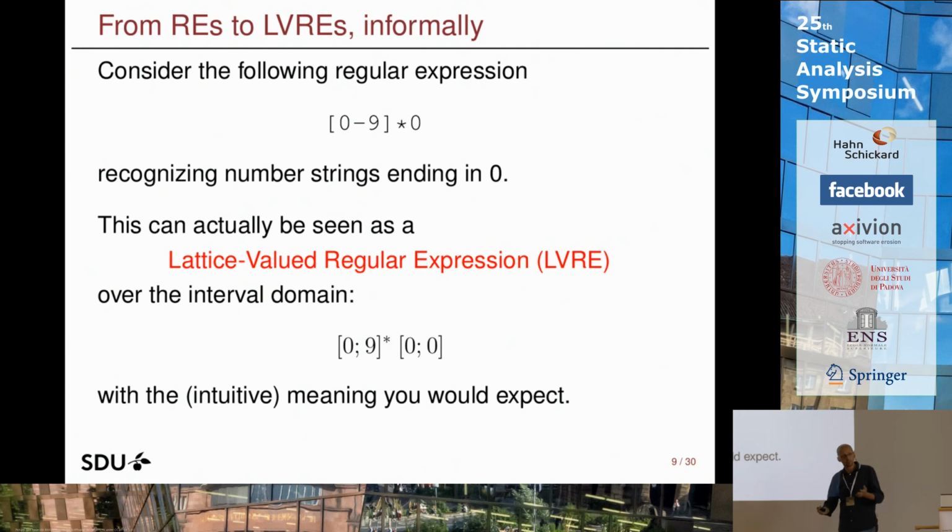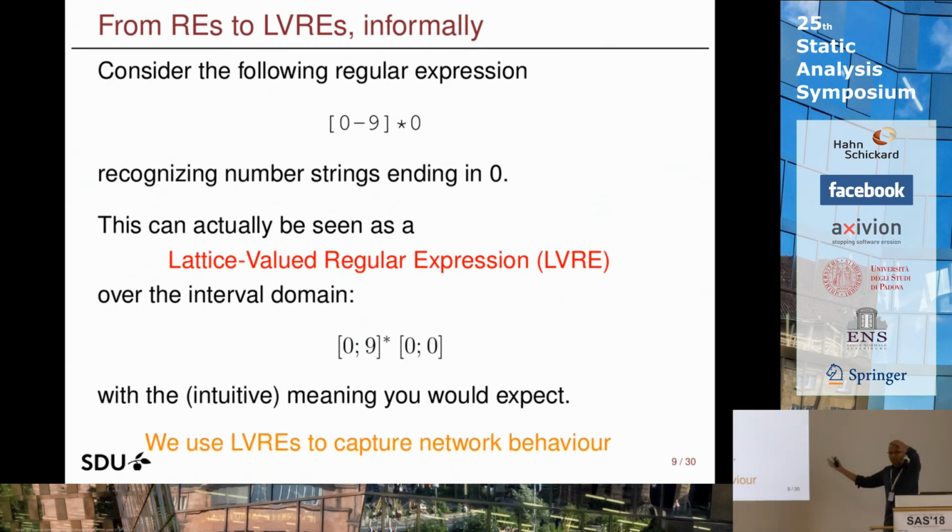And intervals is something we all had for breakfast, right? So interval 0 to 9, Kleene star, and this 0 here we can represent just as the singleton interval 0 to 0. Intuitively with the meaning that you would expect. So that's the domain we'll use to capture these behaviors.